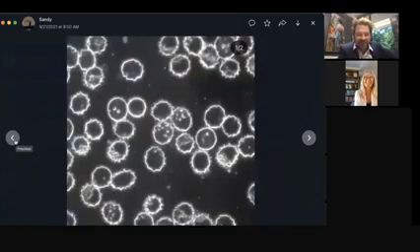And then this is from someone who had been recently injected with the AZ. What we're seeing here is what we would call keratinocytes. There's a lot of oxidative stress on the outside of the red blood cell, you can see.